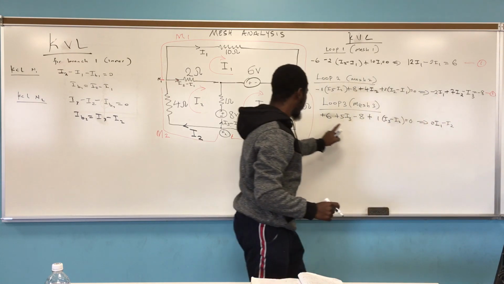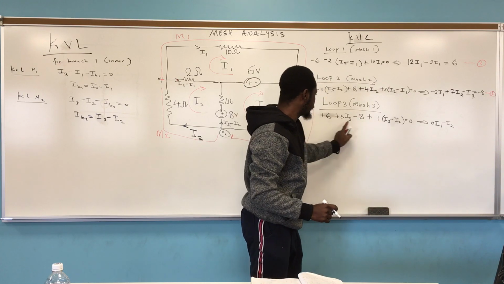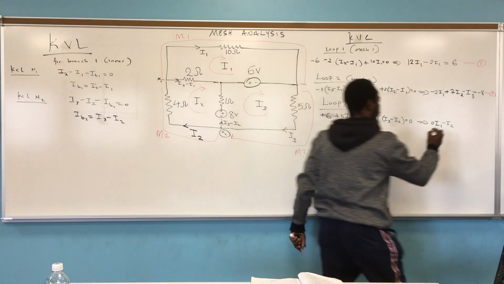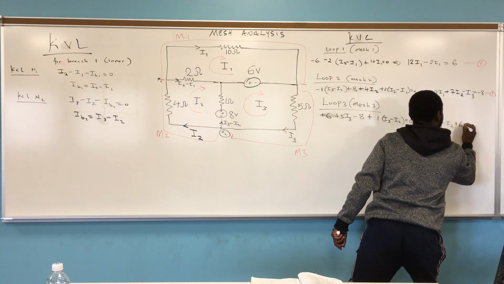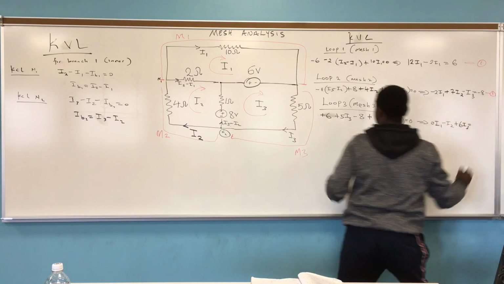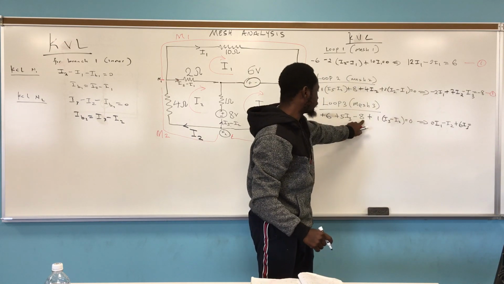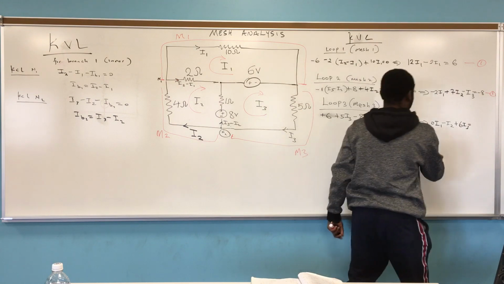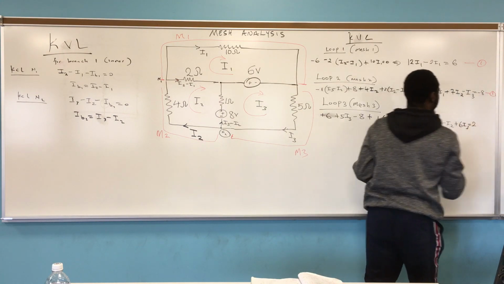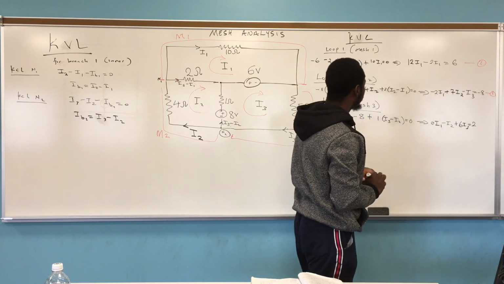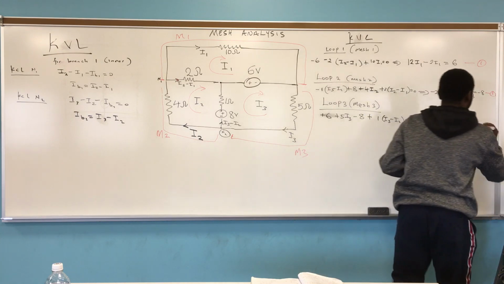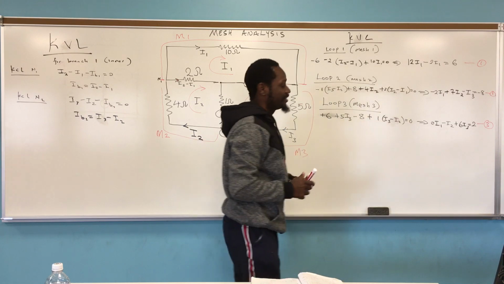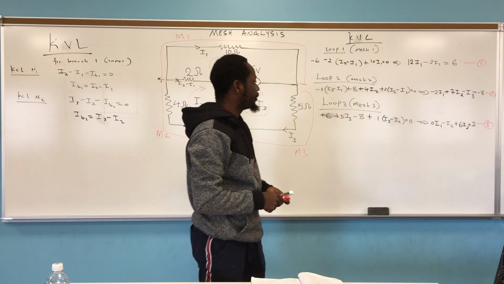I3 is this and this, so 5I3 plus I3, 6I3. And then 6 minus this is minus 2. Then we add 2 to both sides, so we have 2. This is our equation 3.